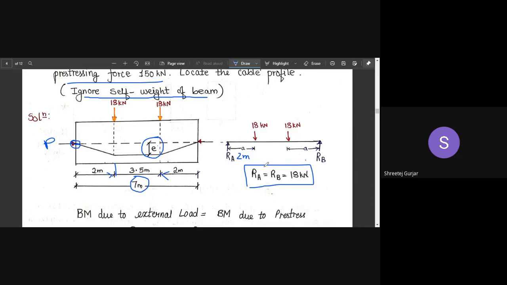Because the beam is symmetric, your reactions will be equal, RA is equal to RB, equal to 18 kilonewton. You can try solving using moments and you will get the same answer. So reaction A and reaction B are each equal to 18 kilonewton of force.